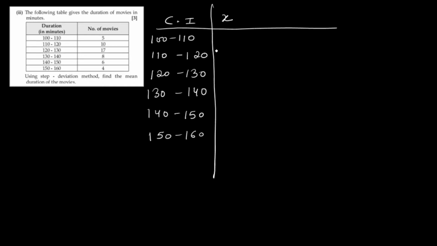How to find class mark? How to find x? Now so many questions we have done, so you should give me answers also on how to find x. x means class mark.